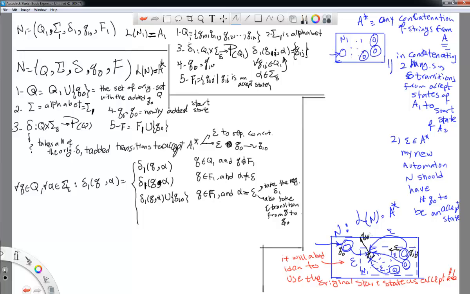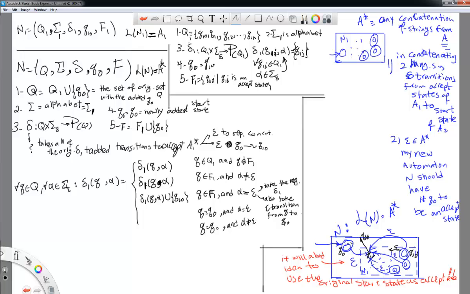So you basically take epsilon transitions from any of the accept states onto the original start state as well. Now there are two more transitions to take care of, and that is if you are in the newly added q sub 0. So if q was equal to q sub 0, the newly added start state, there are two separate cases here: alpha is epsilon, or alpha is not epsilon.